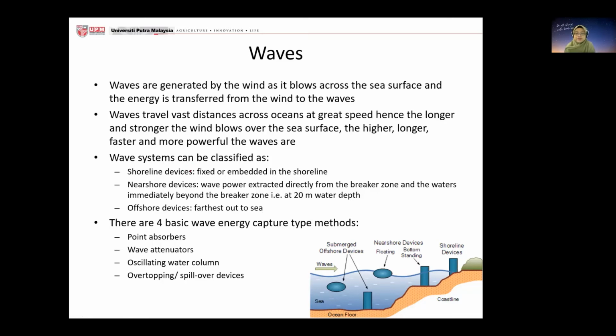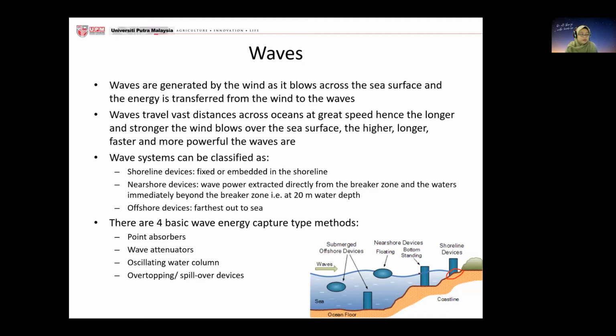So wave systems can be classified as shoreline devices, nearshore devices, and offshore devices. You can look at the figure down here, where you have shoreline devices, which are fixed or embedded in the shoreline. Or you can have nearshore devices, right?